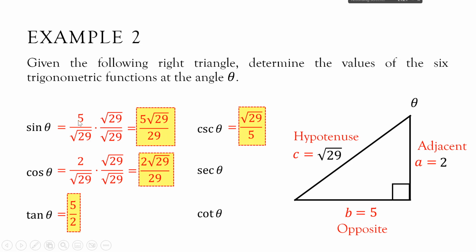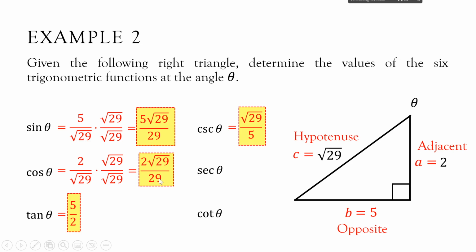Another way that you can think of this is that from the very beginning, this is what we originally got for sine, 5 over the square root of 29. If I flip that, I also still get square root of 29 over 5. So all of this is to say I don't want a square root on the bottom, where it may not be so obvious that these are the same thing just flipped, but we just don't want that square root on the bottom.